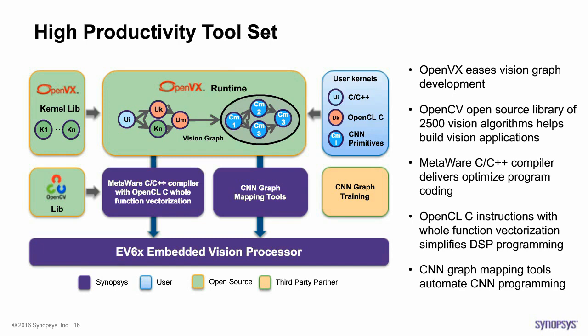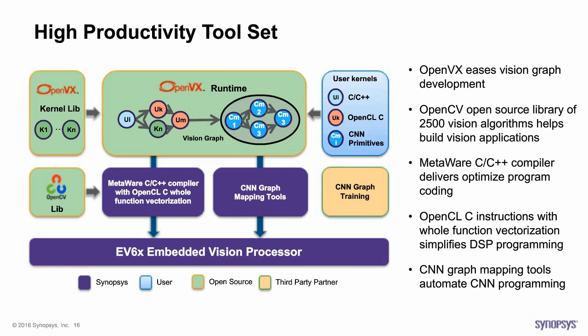Of course, users can write their own kernels, either with C or C++ or with OpenCL C. C or C++ would run on the scalar core in the Vision CPU. The OpenCL C would be used for the vector DSP that's in the Vision CPU. And then finally, you can also get kernels from the CNN primitives.